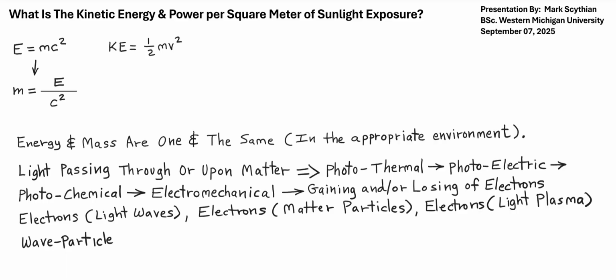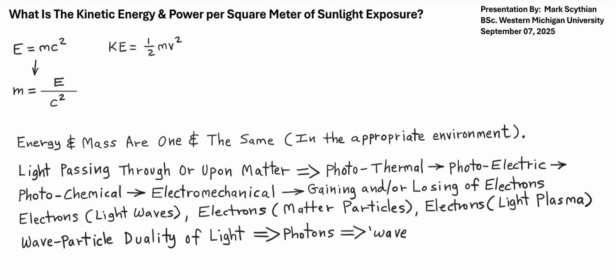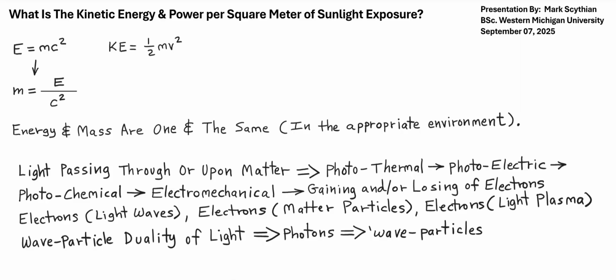So wave particle duality of light, and that is just the photon concept, which is realized through light in the atmosphere. So we would just call photons as light in a simplified definition.